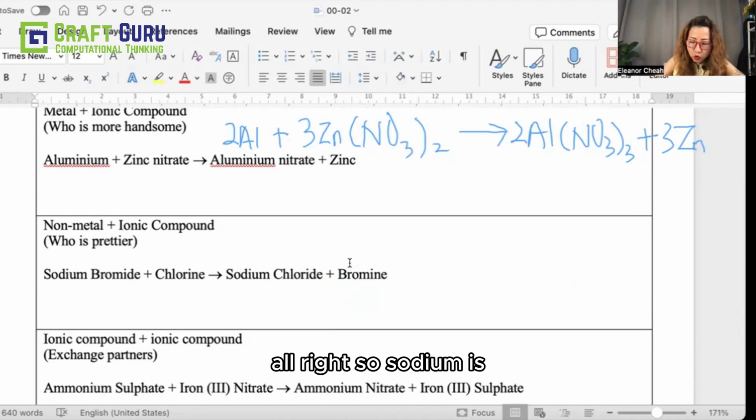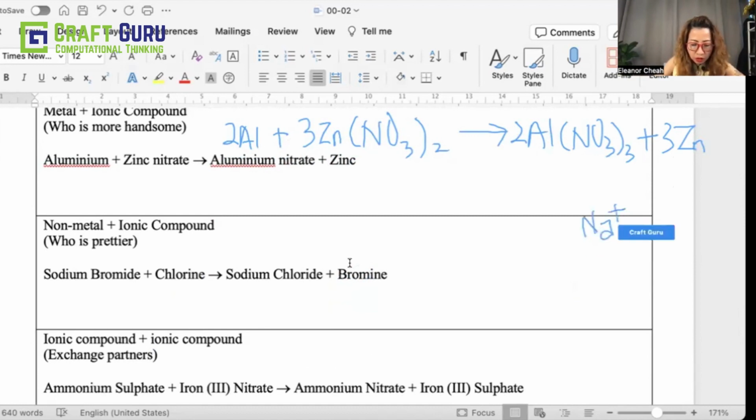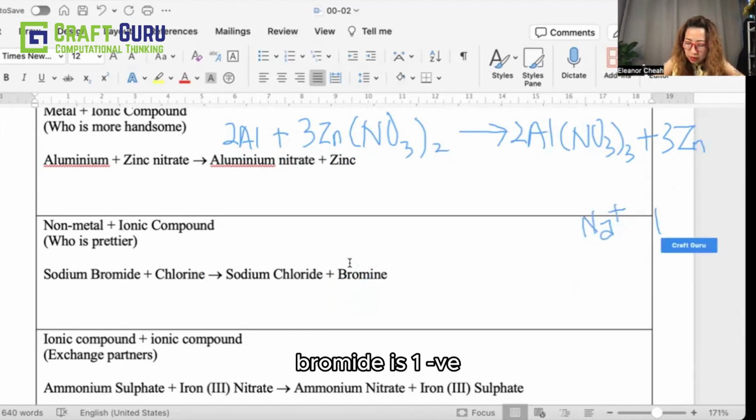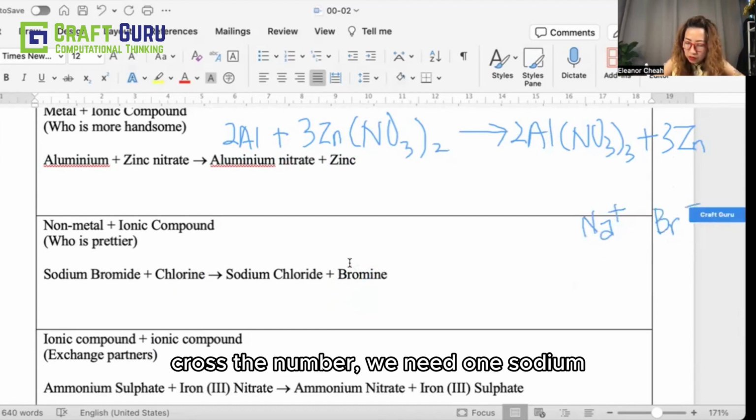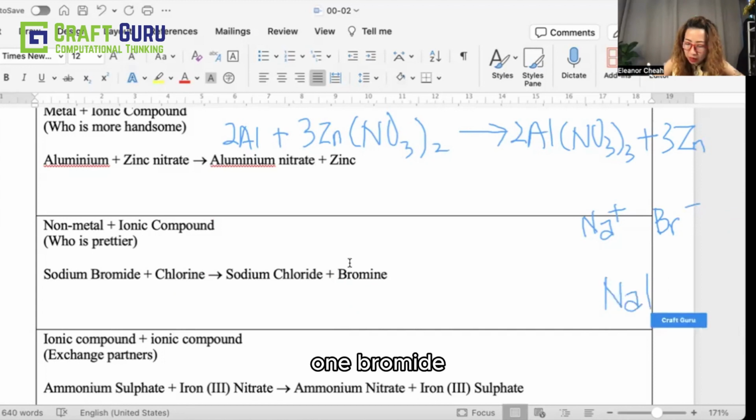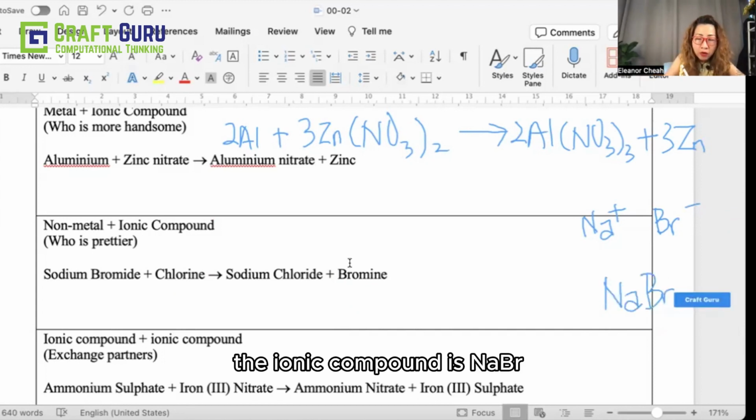All right, so sodium is 1 positive. Bromide is 1 negative. Cross the number, we need 1 sodium, 1 bromide. The ionic compound is NaBr.